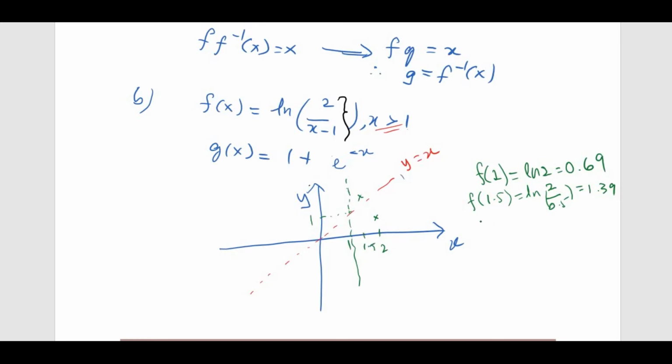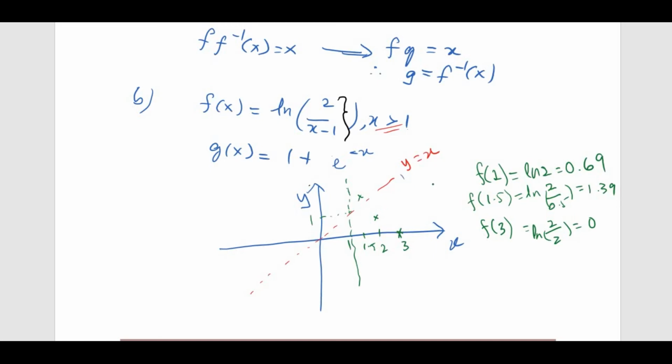Then you can substitute one more point. Let's say you take 3. So what is f of 3? You have ln of 2 over 3 minus 1, which is 2 over 2, so ln 1, which is equal to 0. So when x is 3, then y will be 0.